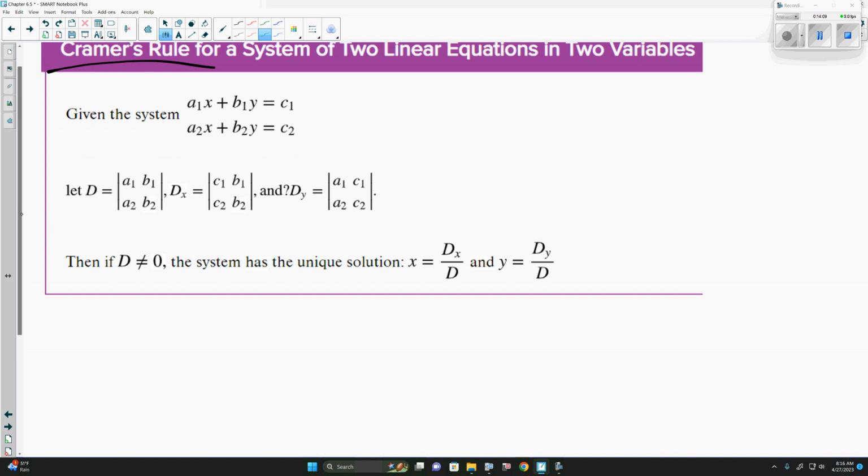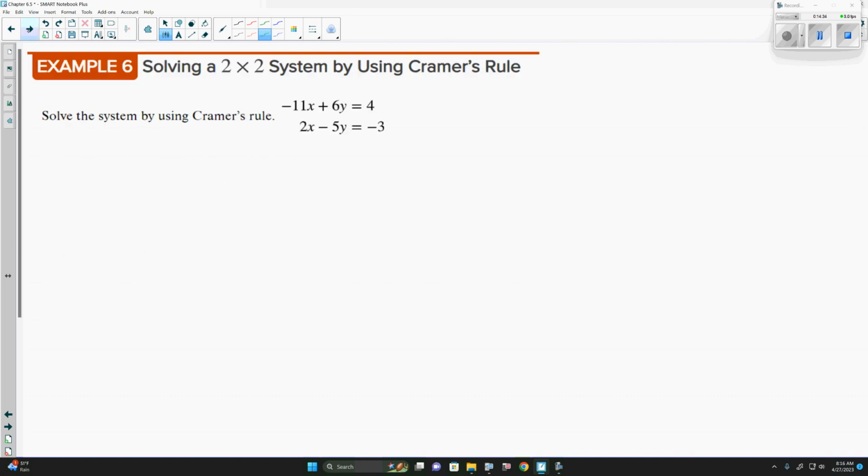If we take the determinant of our coefficients, which is denoted here as D, we can find the x if we replace the two numbers that have x with what it's equal to and divide it by the determinant of the equation. And the same thing for y.